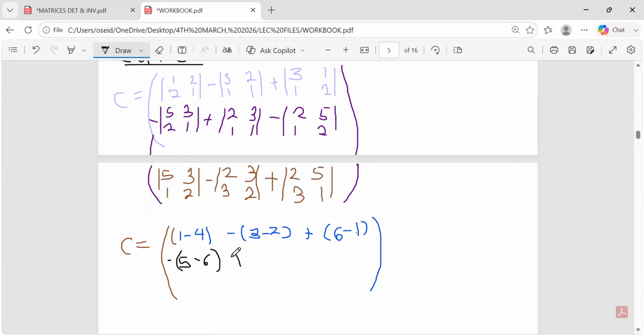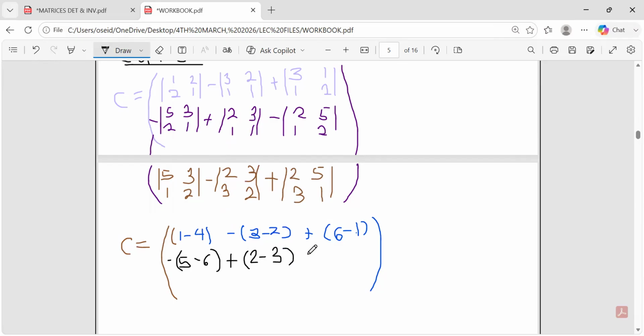Then plus 2 times 1 gives us 2, plus 2 minus 3, because 3 times 1 gives you 3.